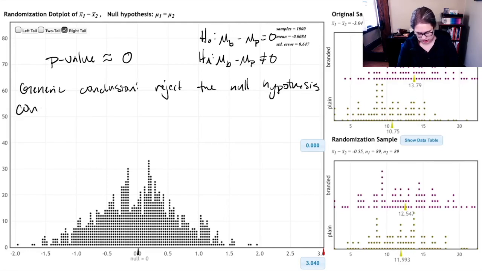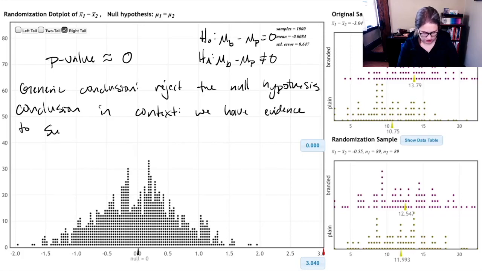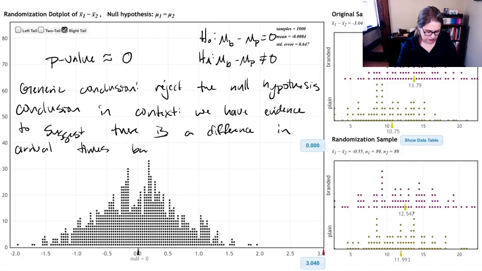And my conclusion in context: we have evidence to suggest there is a difference in arrival times based on the type of tape used.